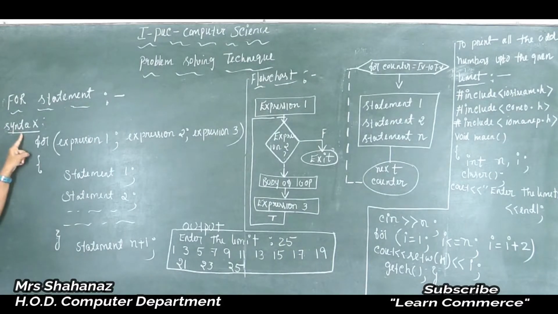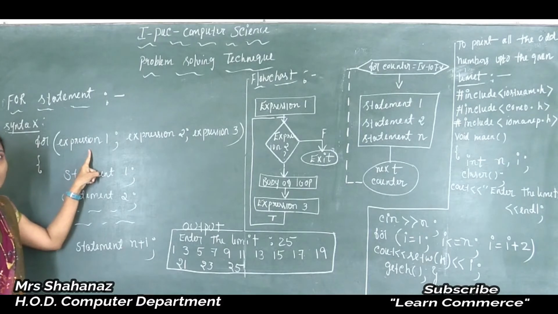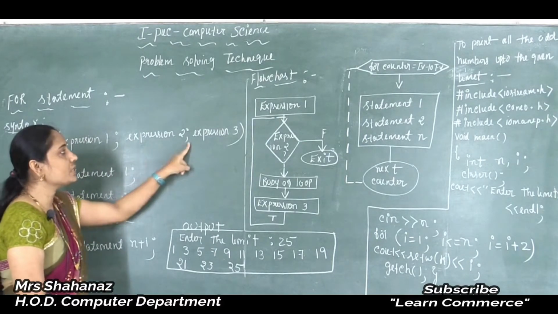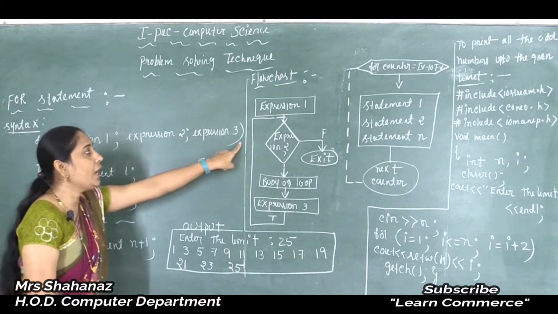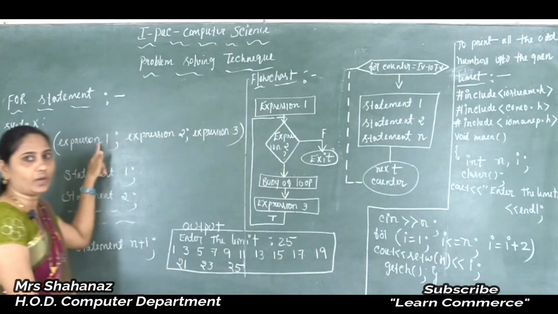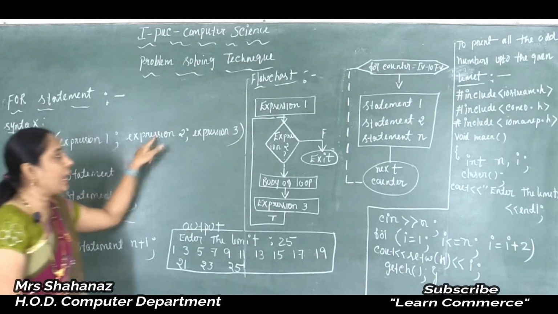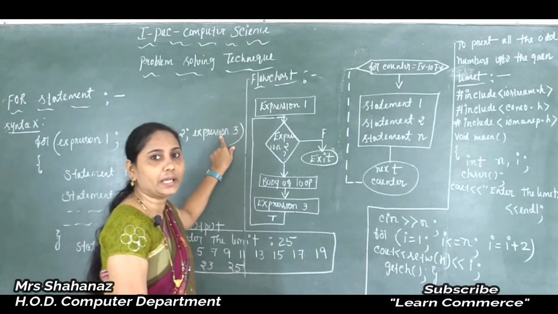The for statement: for, opening parenthesis, expression 1 semicolon, expression 2 semicolon, expression 3, closing parenthesis. I already said that in one line it is possible to initialize the value, check the condition, and give increment or decrement to the value.